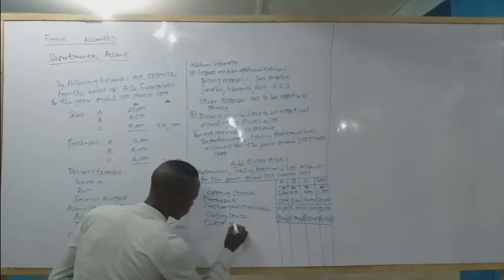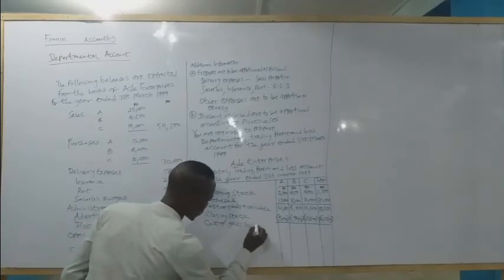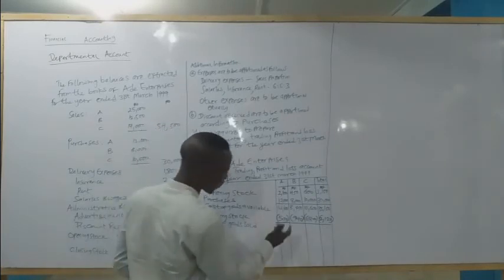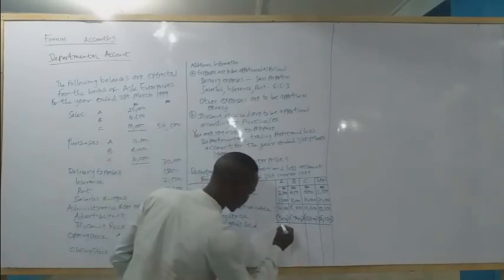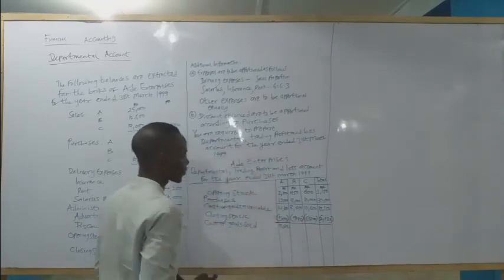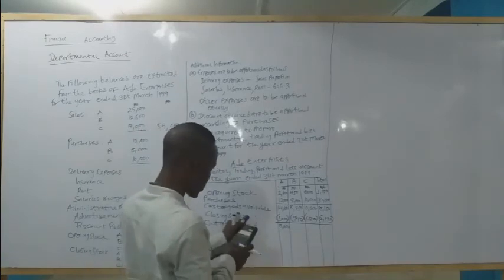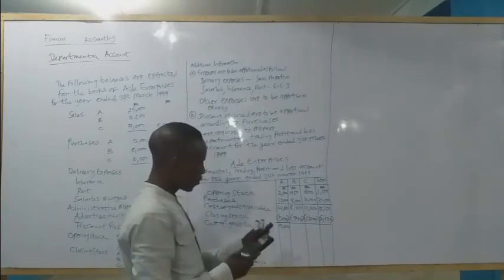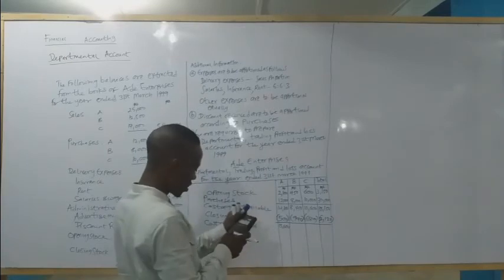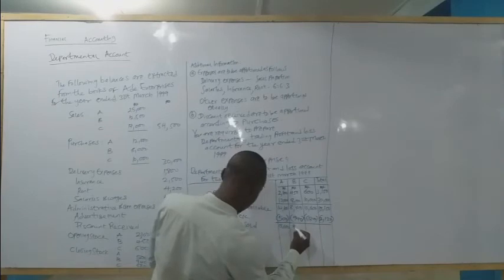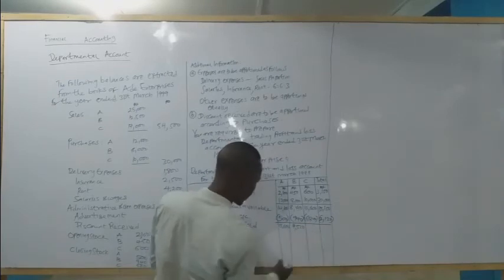Cost of goods sold. So from here 14,100 minus 500, we then have 13,600. From here, 8,450 minus 940. What do we have? 7,510.